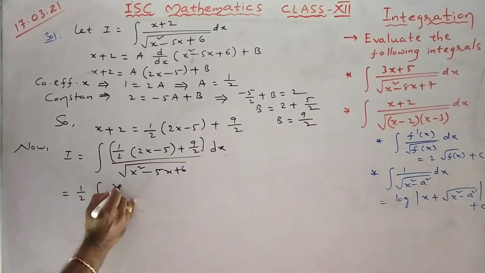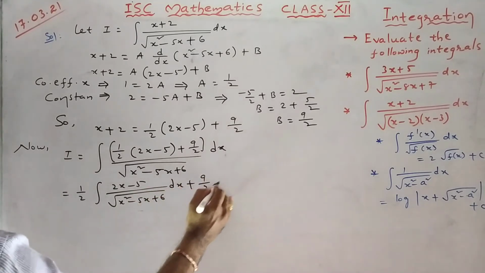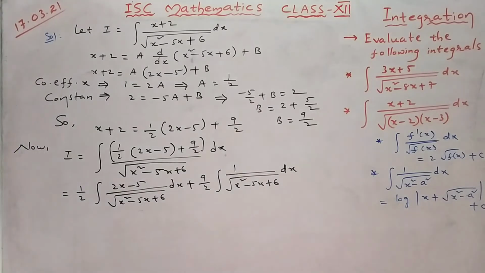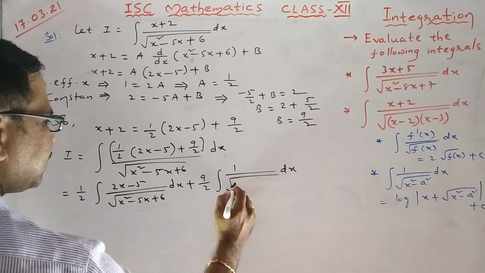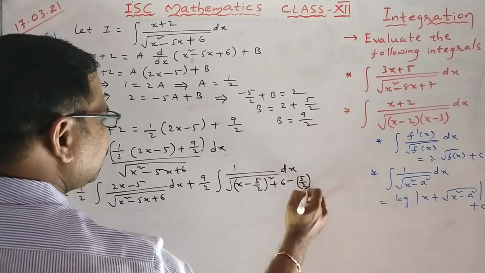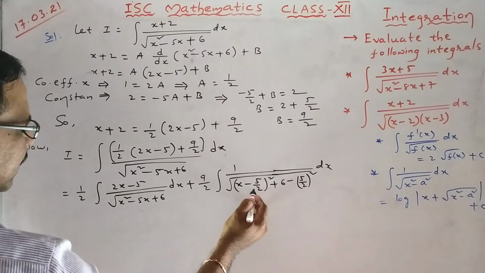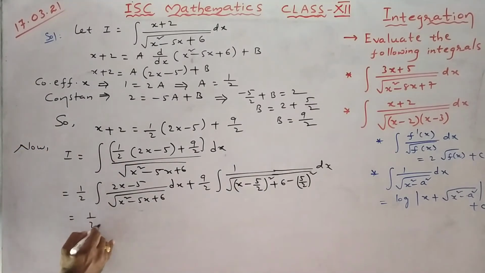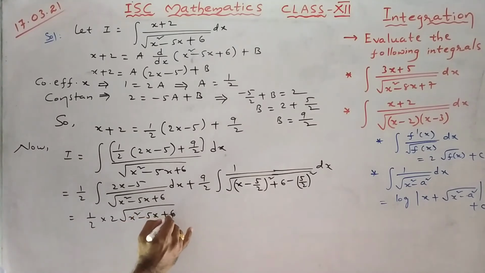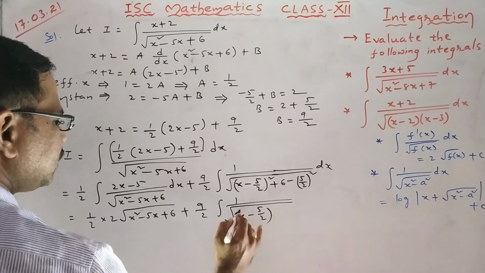Split: 1 by 2 times the integral of (2x minus 5) by root of x square minus 5x plus 6 dx, plus 9 by 2 times the integral of 1 by root of x square minus 5x plus 6 dx. Okay, so we can split this.